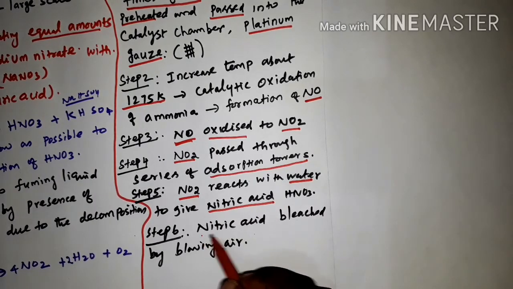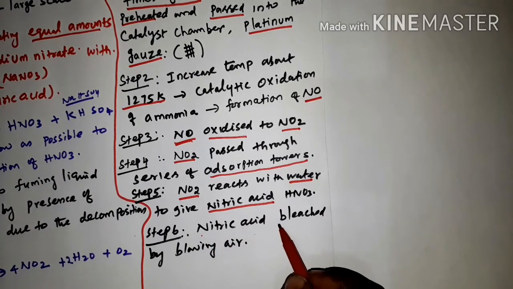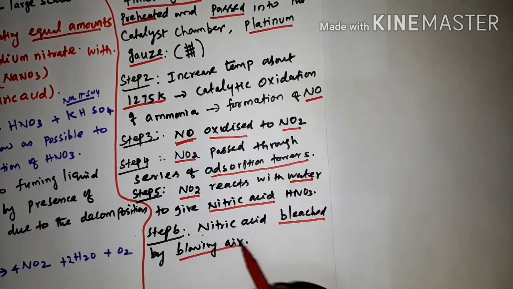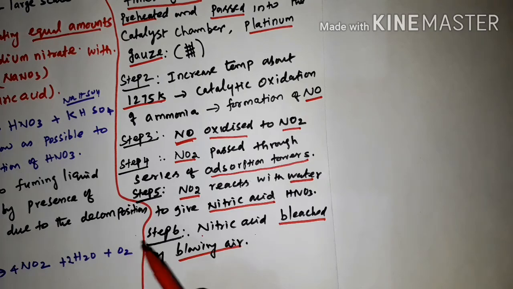In step 6, nitric acid is bleached by blowing air. Clear? So we will see the reactions of each step now. In the manufacturing of nitric acid by the Ostwald process, now we are going to see the equations.